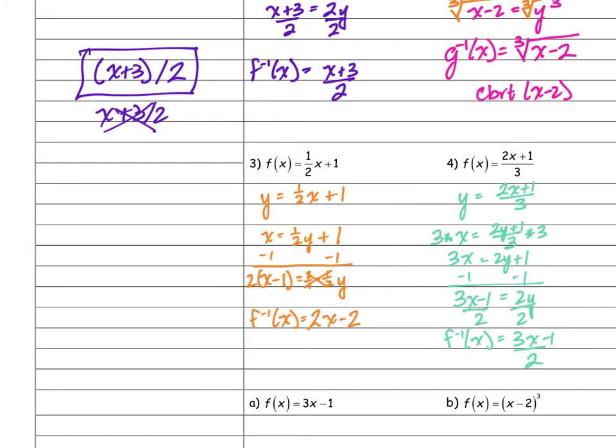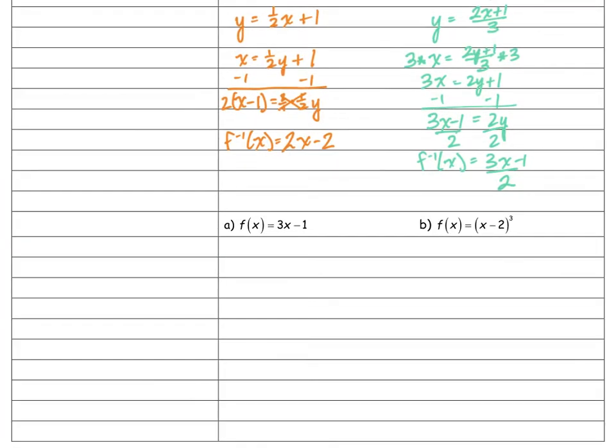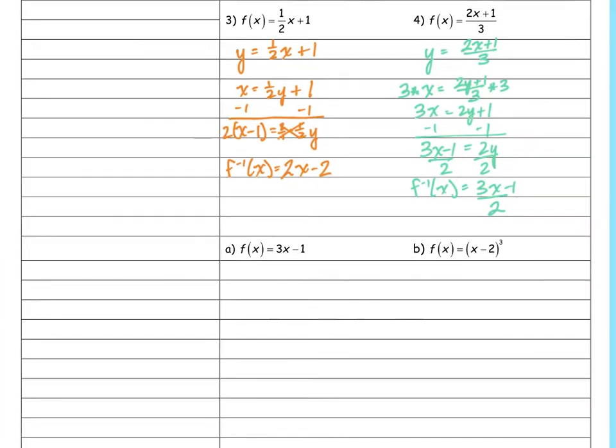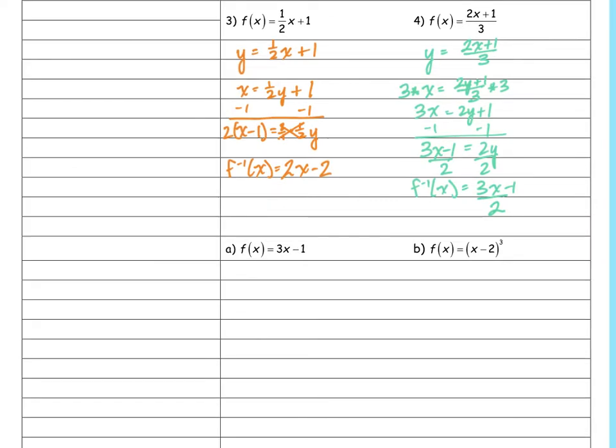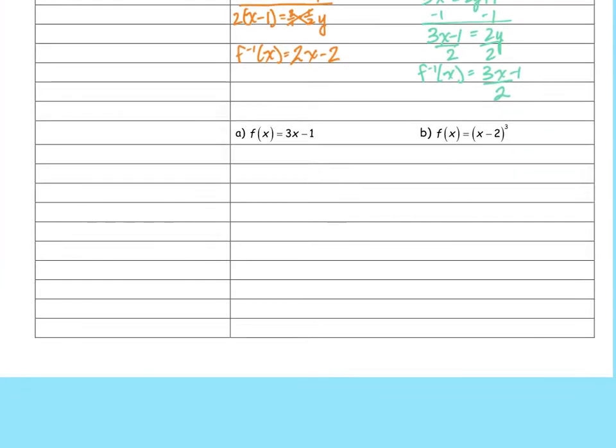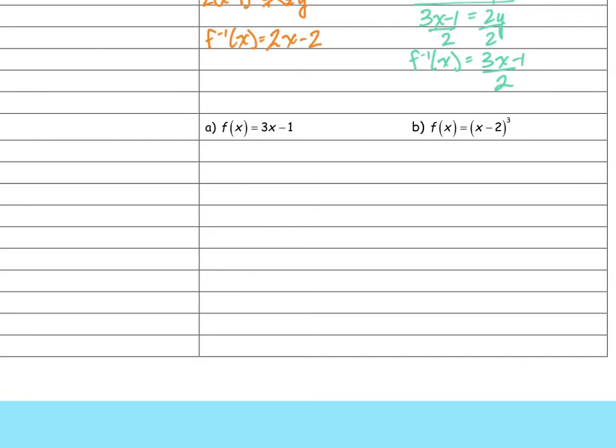All right, now you guys are going to try. So we've got these 2 problems here. I'll try and leave this up here, especially the second one. So here we go. Exchange the x and the y. So I've got y equals 3x minus 1. Exchange them. So I've got x equals 3y minus 1.